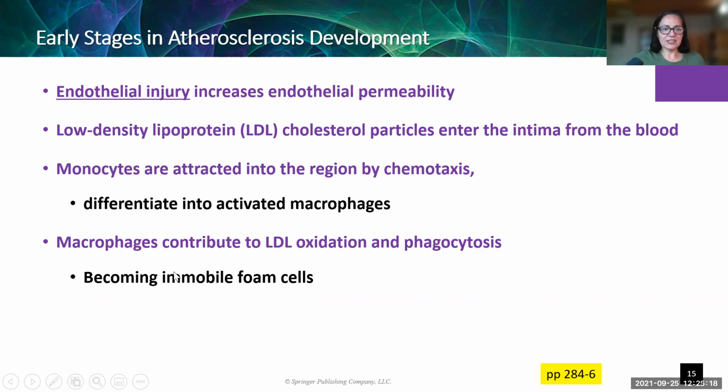The macrophages then contribute to oxidation of the cholesterol and phagocytosis. They take it in. Once they're all full up with this cholesterol, they can't go anywhere, and they become what's known as a foam cell. It's an old-fashioned term. We're stuck with it. Now we know, oh, that's just a macrophage that got itself all full with cholesterol. And that contributes to this plaque getting bigger and bigger. But again, what kicked it all off was the endothelial injury.